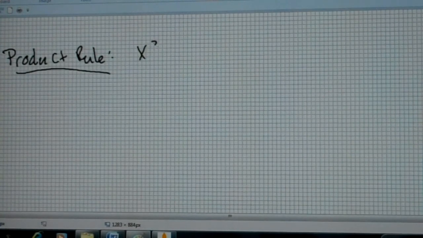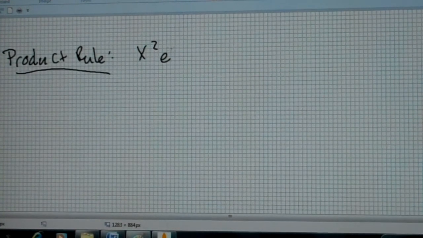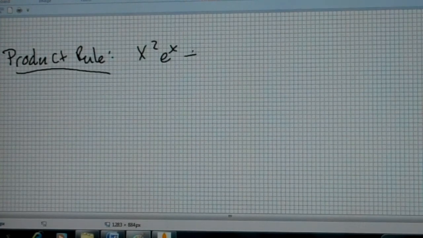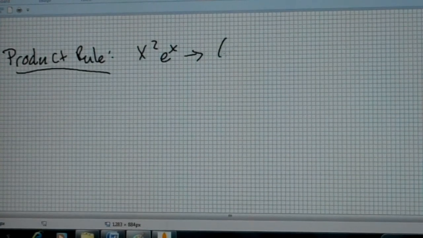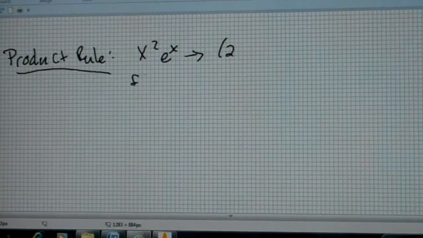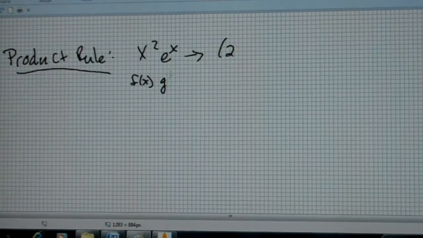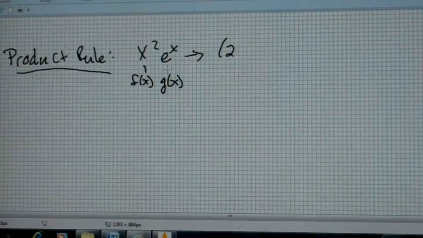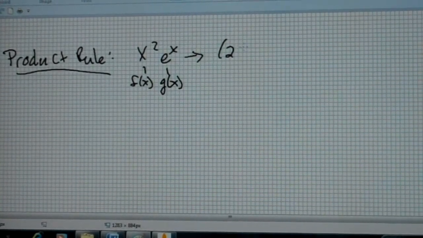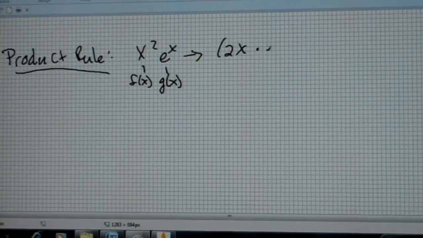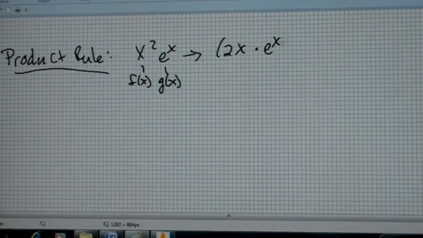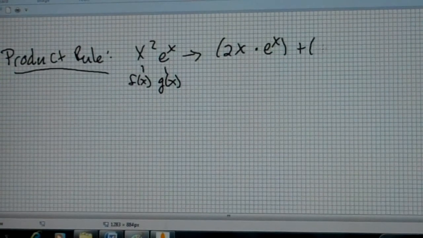So if we have x squared e to the x, then this will go to, so hold on a second, this is f of x, this is g of x. So then we'll have 2x times e to the x plus e to the x times x squared.